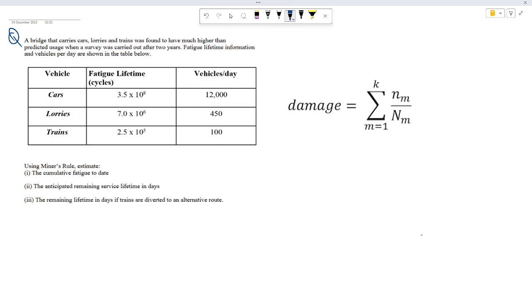After 2 years, the fatigue lifetime information of the vehicle per day are shown below, with the car's fatigue and the day's usage, the lorries, and the train. Now, using all the information above, calculate 1. the cumulative fatigue to date. 2. The anticipated remaining service lifetime, and the remaining lifetime in days if the train is diverted.